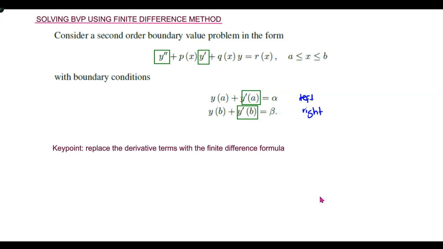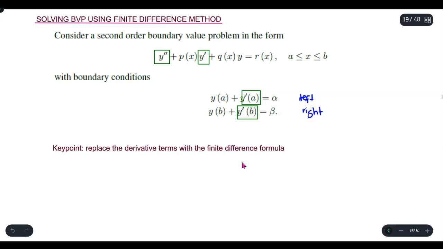If you can recall, you have the backward formula, forward formula, centered difference formula, and so on and so forth. For the first order, second order, I think you also have the third order, fourth order, before this. But in our discussion here, we only have up to the second order.